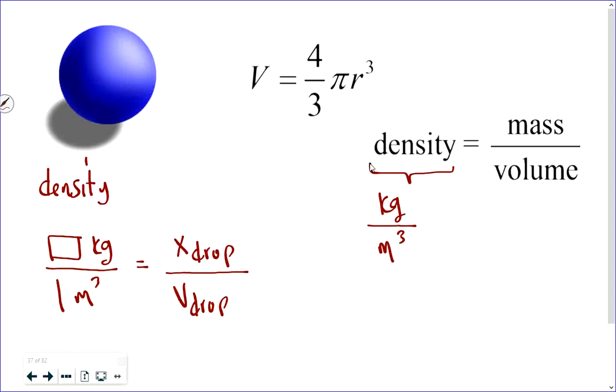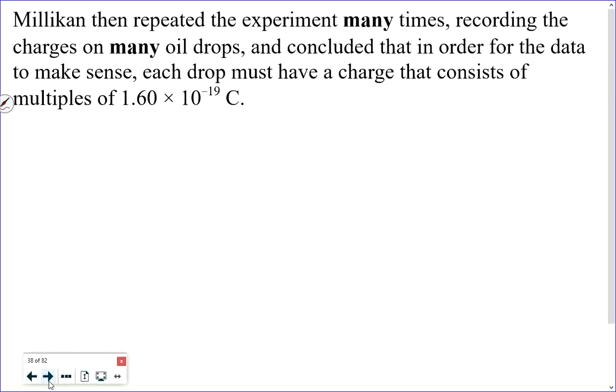One of the examples we look at today will make use of the density formula. So, first point here, and I already really said this, if he repeats this experiment hundreds and hundreds of times, what he discovered is that each drop always consisted of a multiple of the elementary charge. He didn't know the elementary charge.